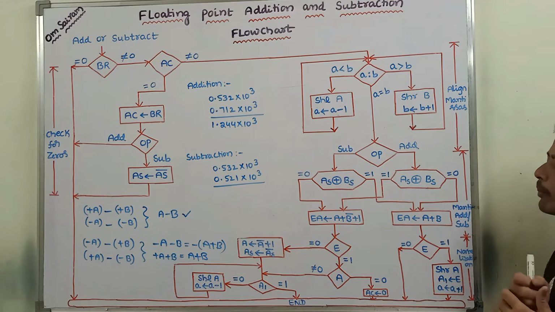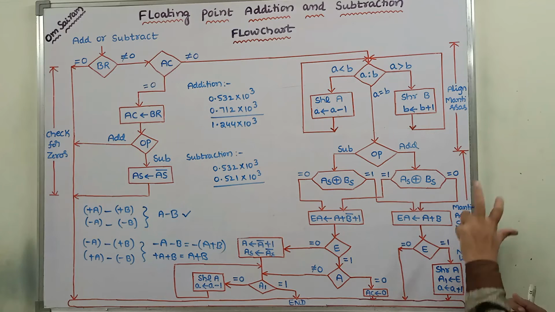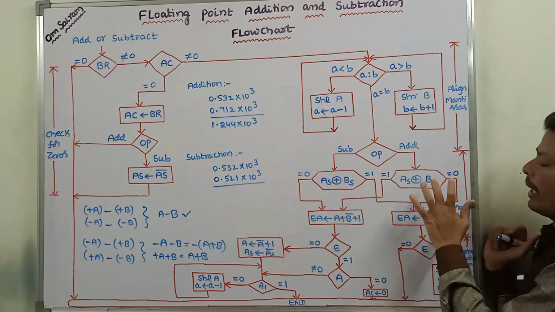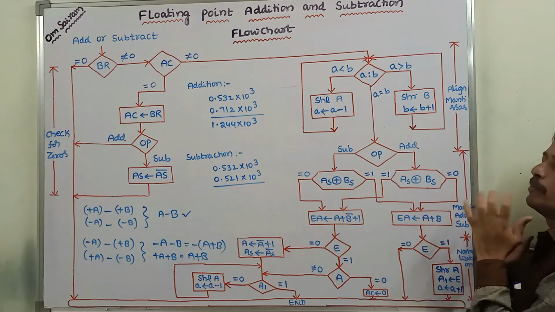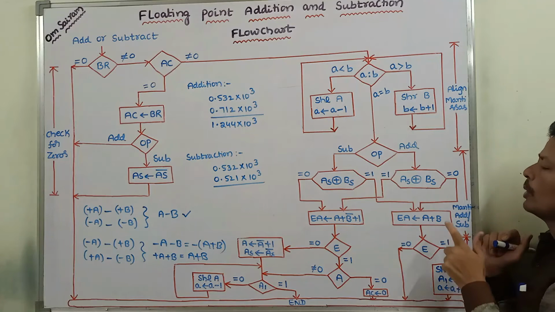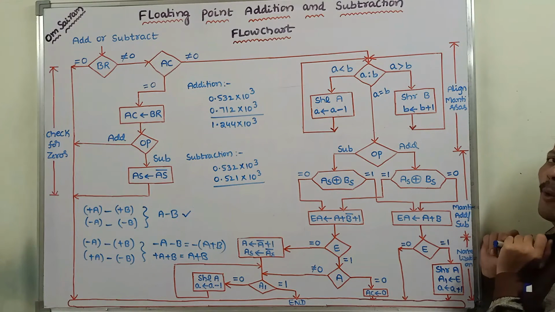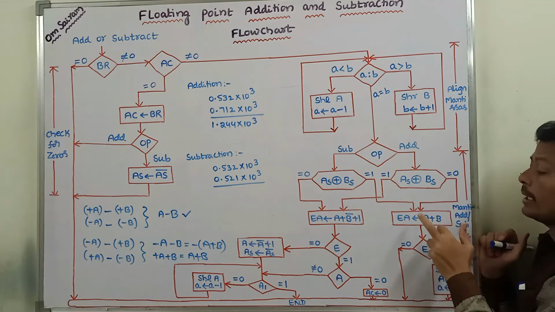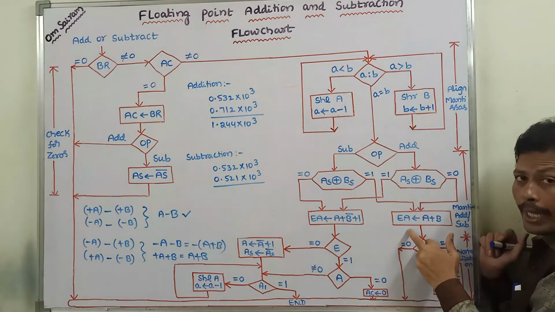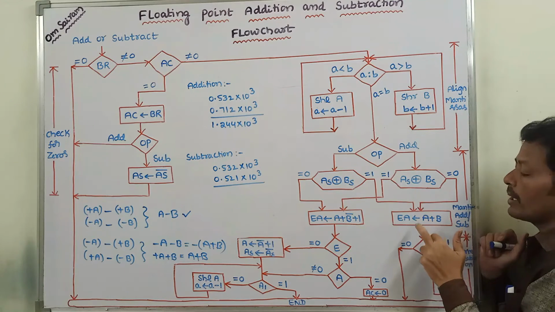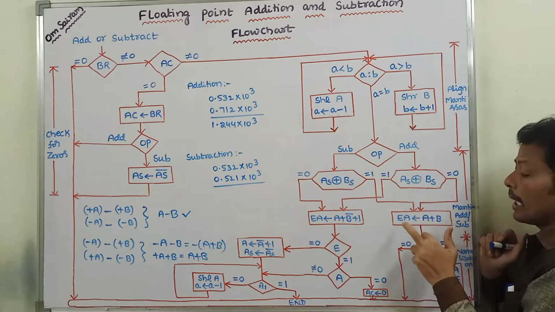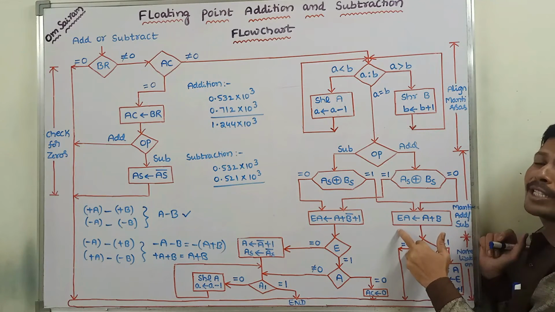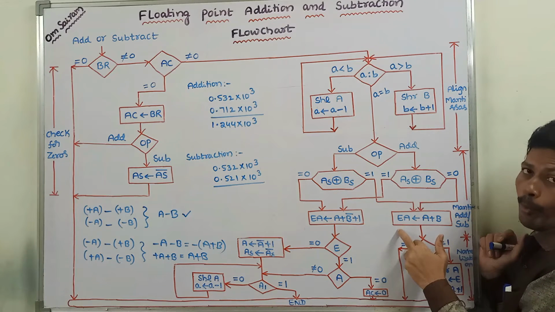In normalizing the result, after performing the addition operation, whatever the result we are getting, that result can be transferred to A. If any carry bit is generated, that carry bit can be transferred to the extended flip-flop.